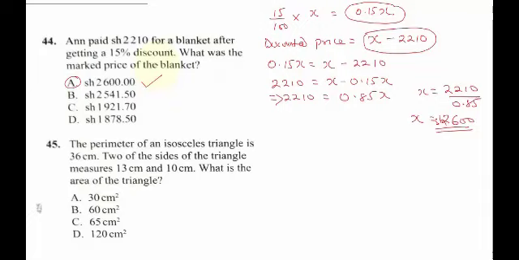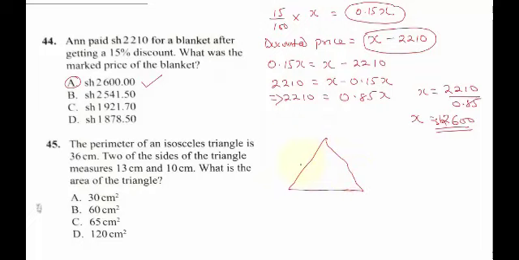Now, question 45 says the perimeter of an isosceles triangle is 36 cm. Two of the sides of the triangle measure 13 and 10 cm. What is the area of the triangle? Now I'm going to draw my triangle. Remember, your isosceles triangle has two sides equal.